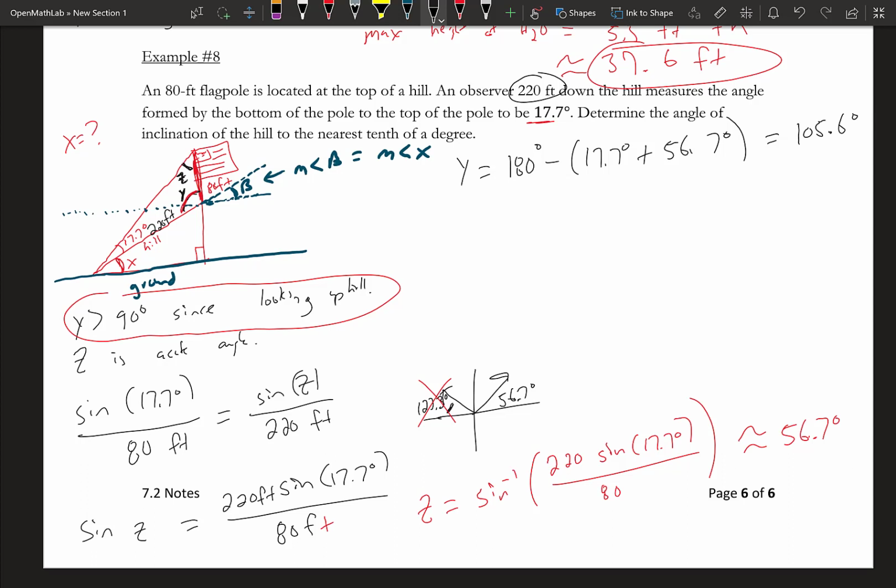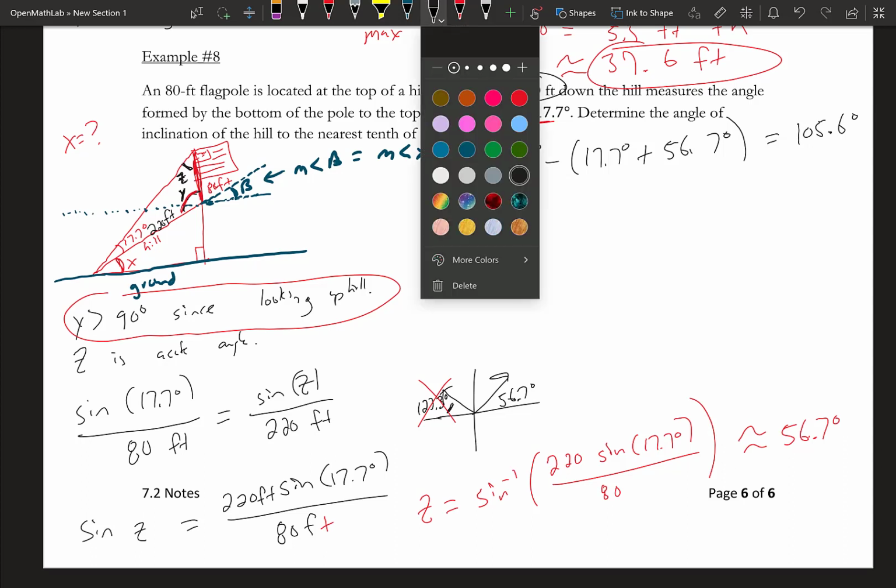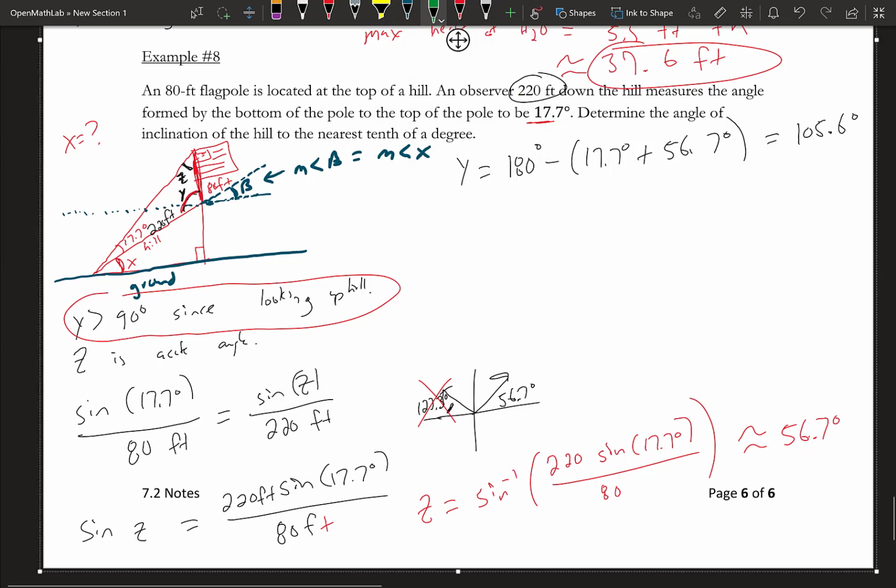Right? So this is getting a little messy. Let me maybe change colors here. I'll change to green. So this part makes a straight angle.